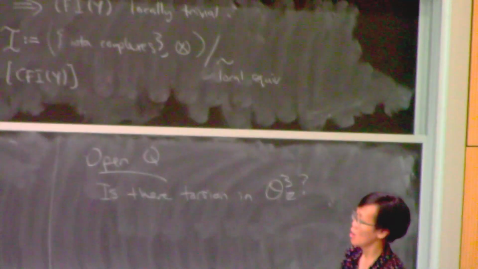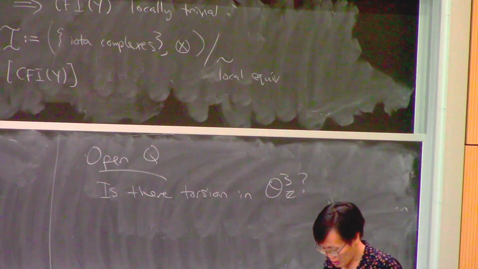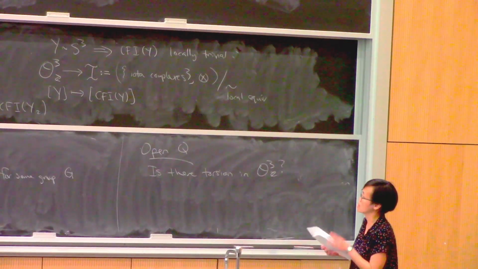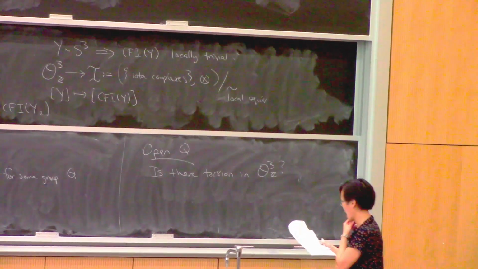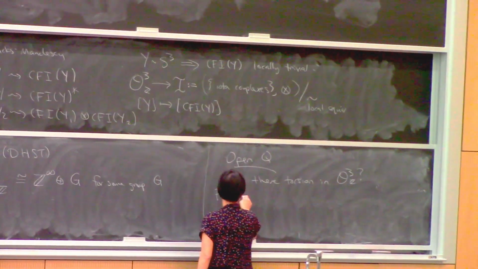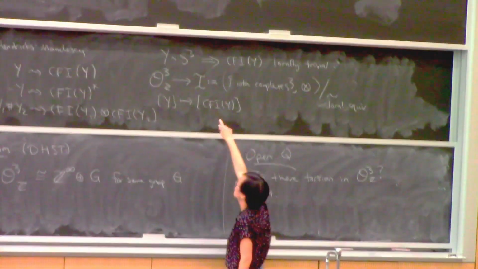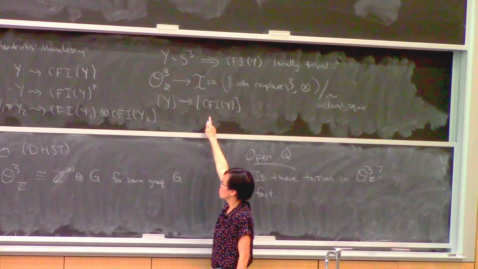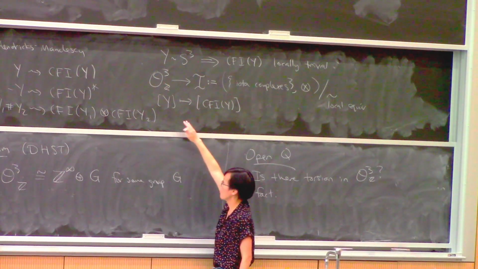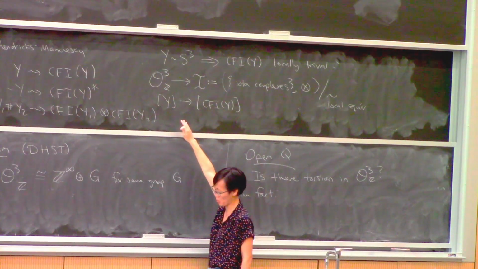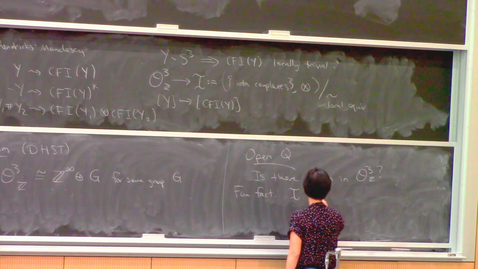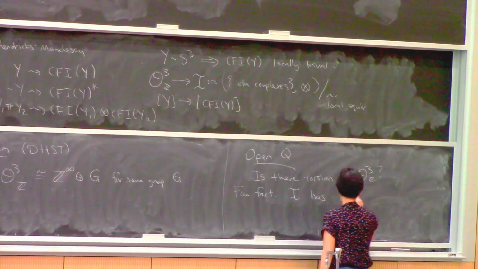And, okay, I don't want you leaving this talk thinking that everything is hopeless. So let me tell you one tantalizing fact, which is that this group I, for which we have a homomorphism from the homology cobordism group, does have 2-torsion.